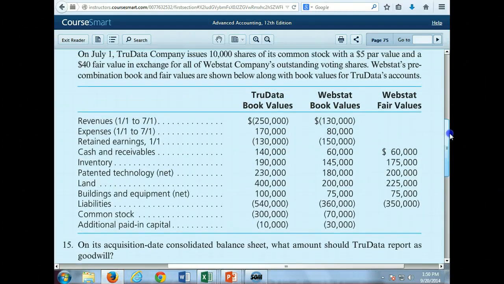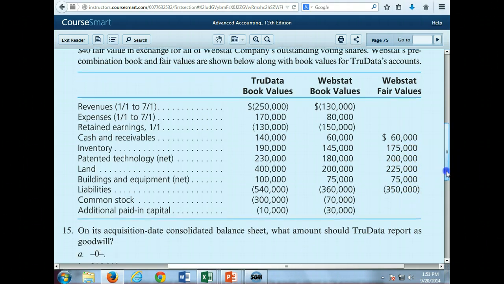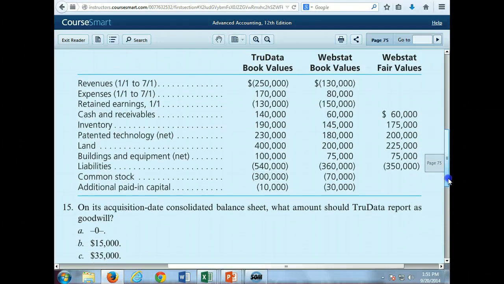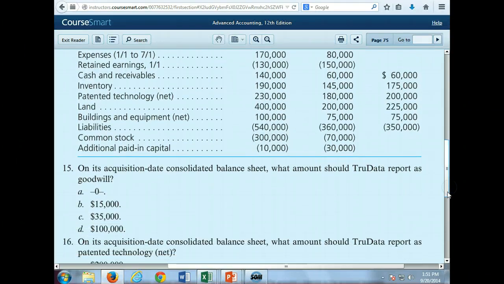So basically what we've got here is True Data's book data, WebStats' book data information, and then the fair value of various assets minus liabilities. They are asking, on its acquisition date consolidated balance sheet, what amount will True Data report as goodwill?